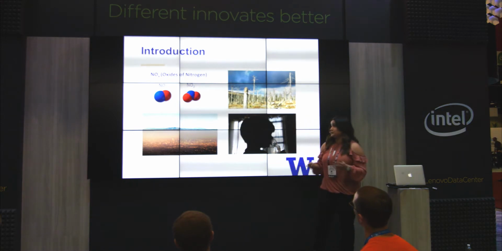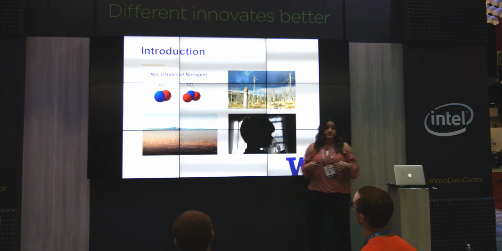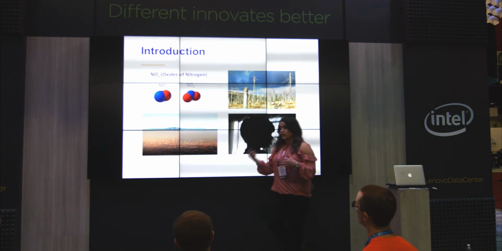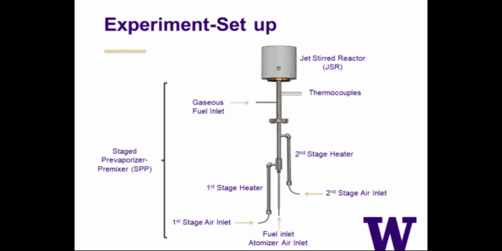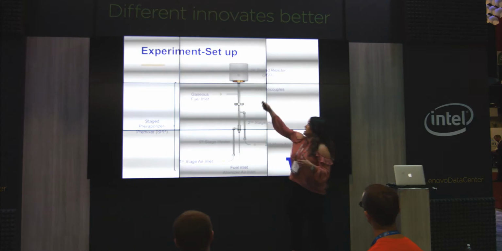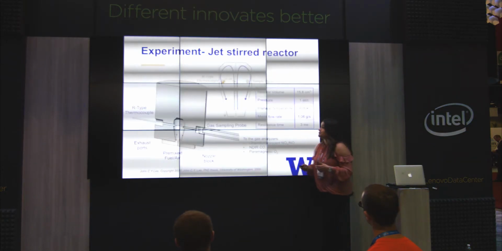So the goal is to study NOx with a jet-stirred reactor experimentally, and then we'll measure emission. We model emission. So this is a simplified version of the reactor. We make the liquid fuel into droplets by atomizing them. We add hot air to the system. Fuel and air mix very well, and they go inside the reactor.